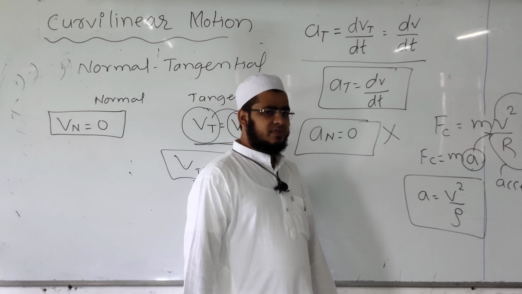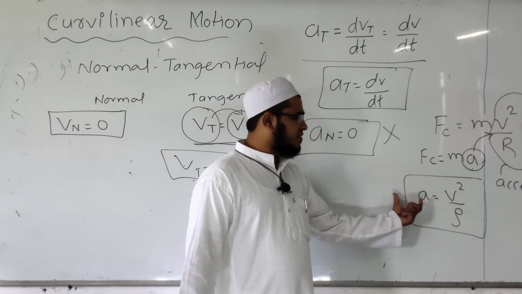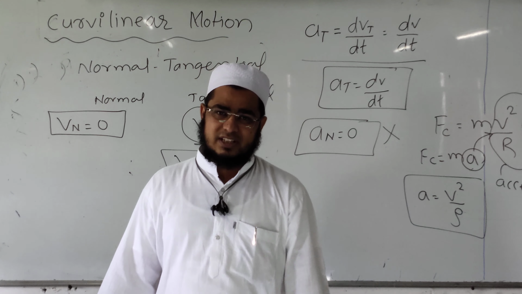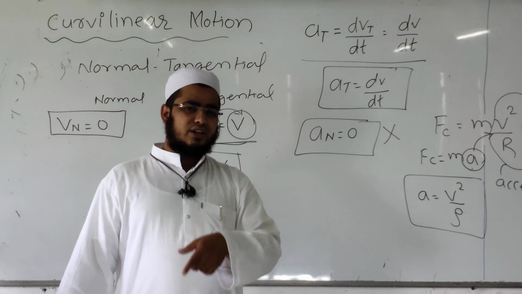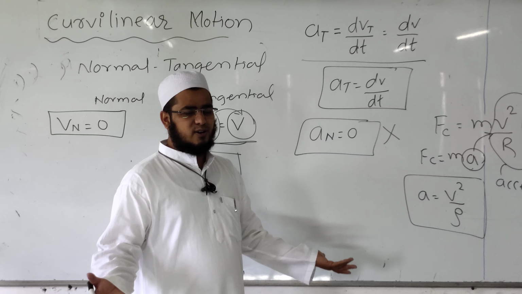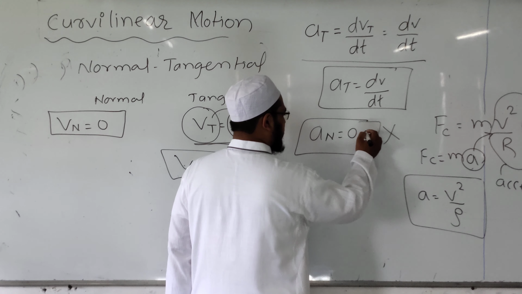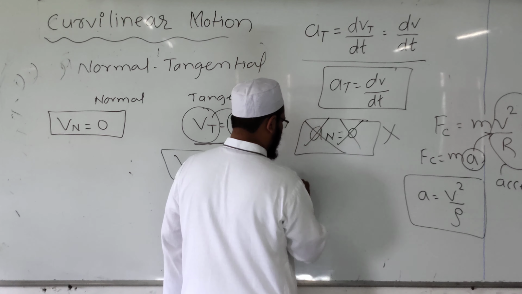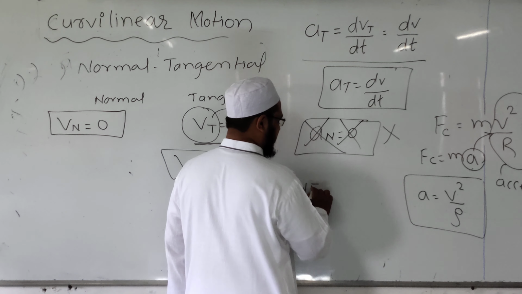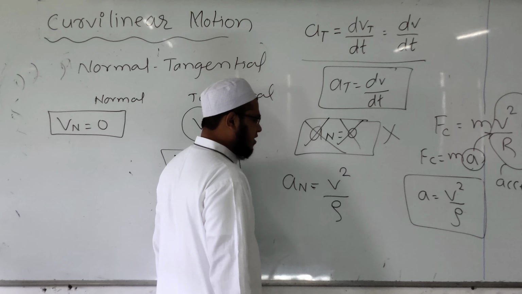It is acceleration, and we know that the centrifugal force is always along the center of curvature, and the component of the acceleration acting along the center of curvature is the normal acceleration. That's why an equal to 0 is wrong, and we have to consider the value of centrifugal acceleration, v square by rho. Why rho?